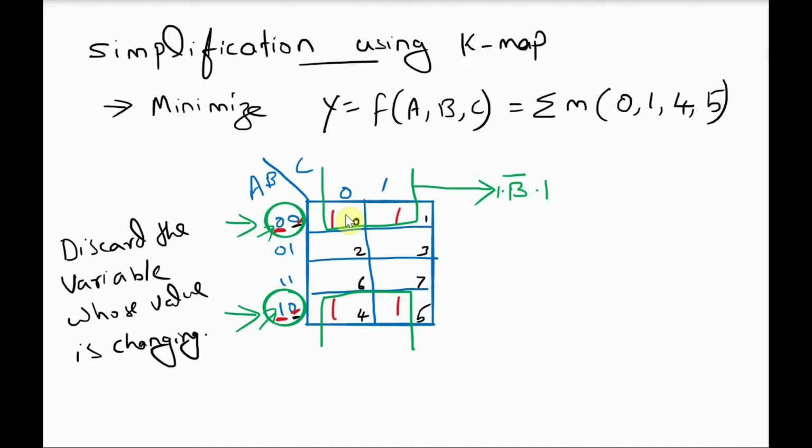So the final value is B bar. That's why I told you we don't want to take the variable whose value is changing, because that is 1. The value of this group is B bar. Therefore, the answer is Y is equal to B bar. This is the simplified expression.